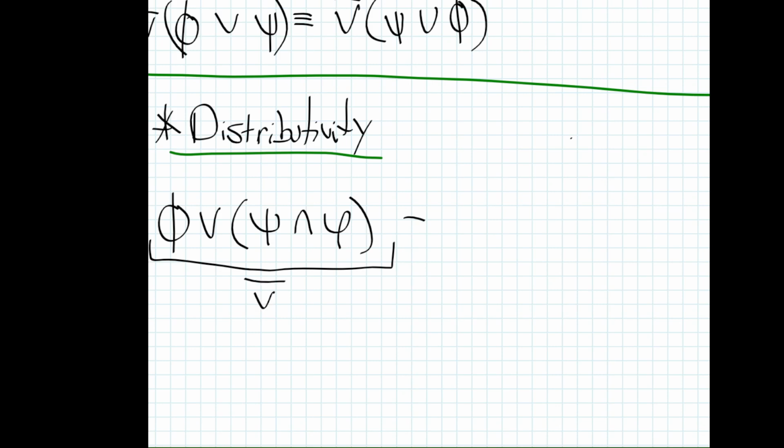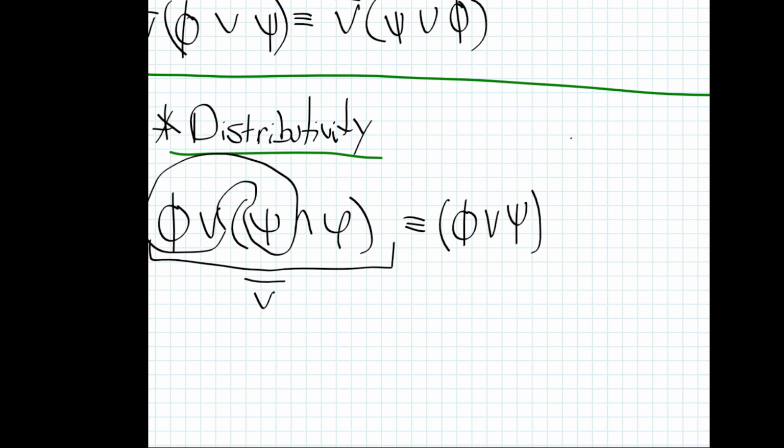Okay, so we can say that this is equivalent to a distribution of these variables like such. We can grab this portion and this portion and combine them like this. The first order is to combine these two.